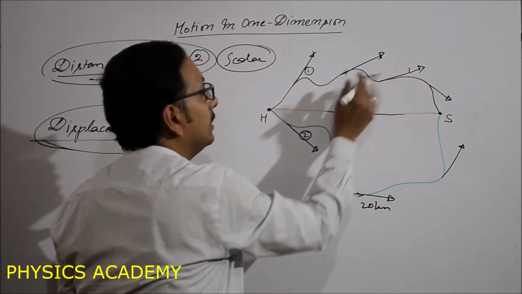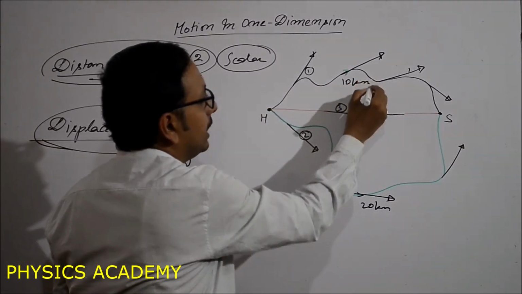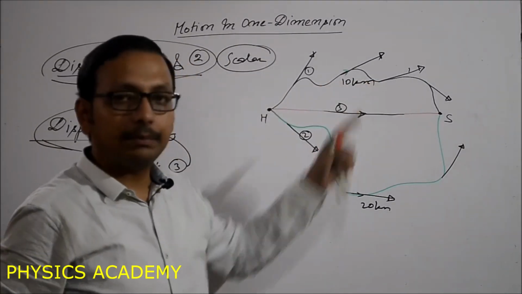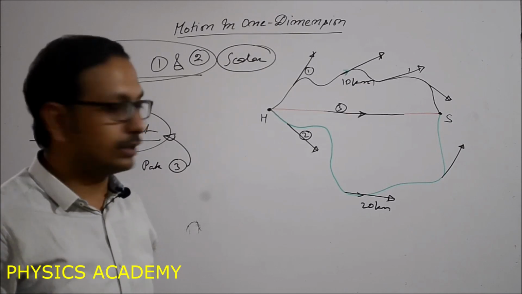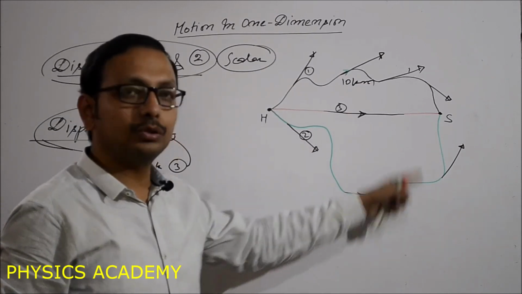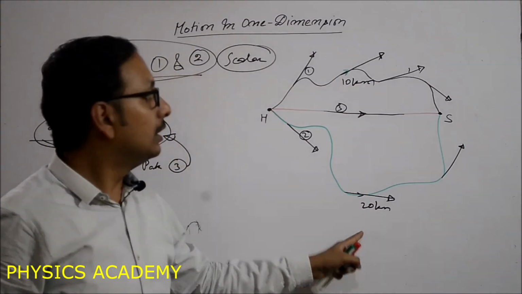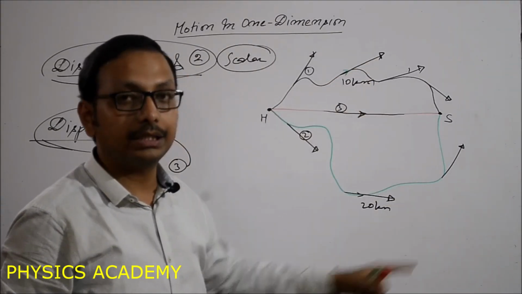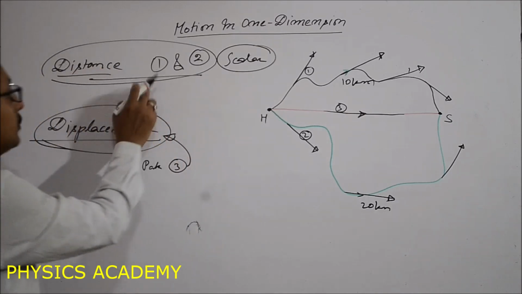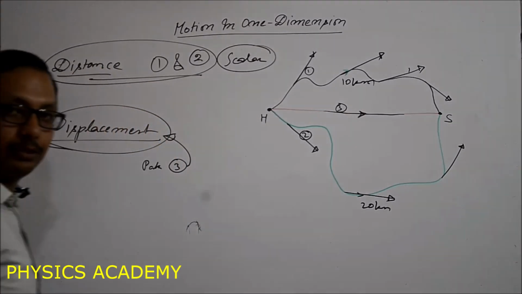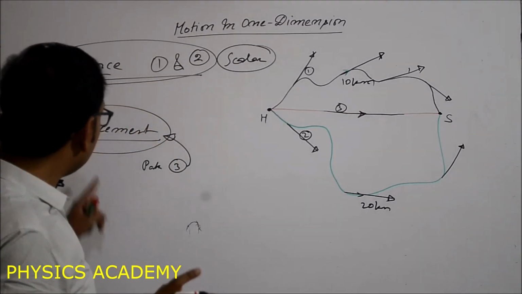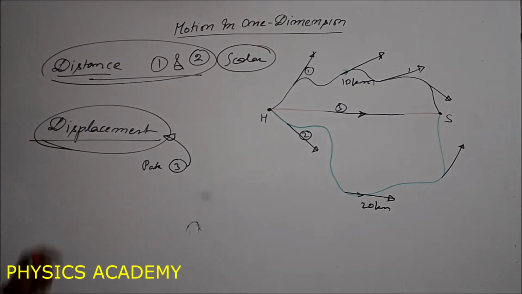I am writing it again. This total path say 10 km. So that means 10 km through any directions, 20 km also through any directions. So that means this one is your magnitude, but direction, these arrowheads giving the directions are all different. So we are considering this one as a scalar quantity where only magnitude is valid. For displacement what is happening?